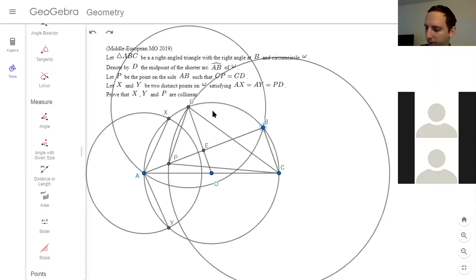So let me do some algebra here, I'm just doing it on my paper. PA squared minus BP squared is equal to AE squared minus PE squared, which is BE squared minus PE squared.